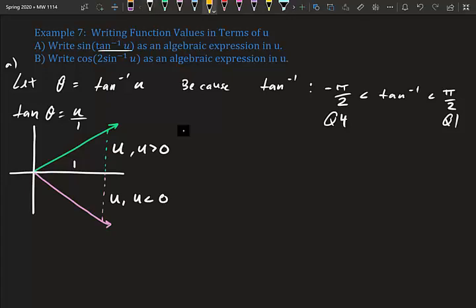We have 1 squared plus u squared equals c squared. So 1 plus u squared equals c squared. That means our hypotenuse is the square root of 1 plus u squared. And it's positive because it's the hypotenuse. Remember, hypotenuse is always positive because it's a distance.